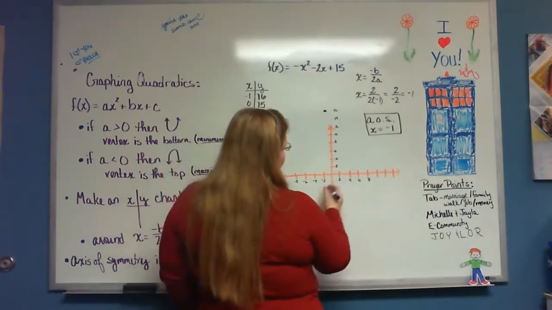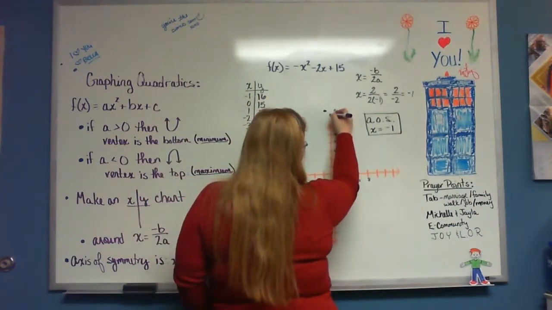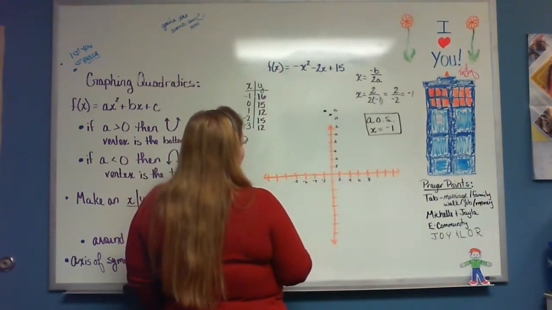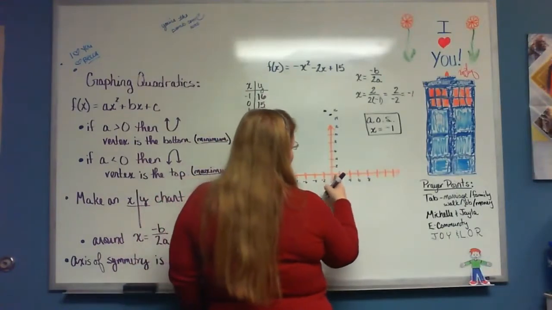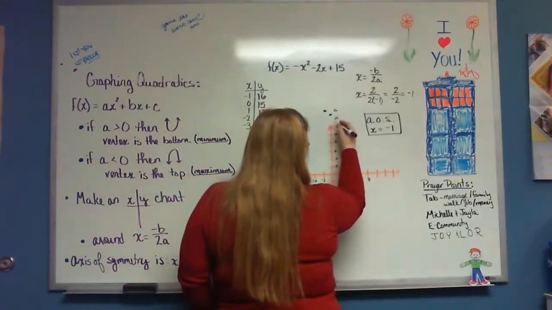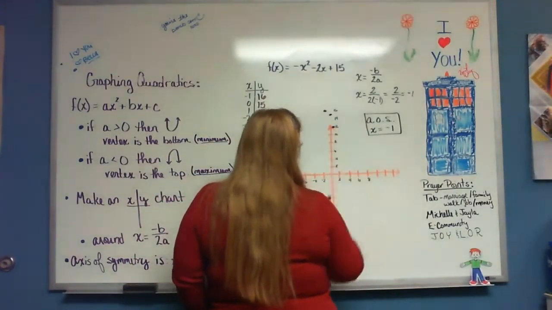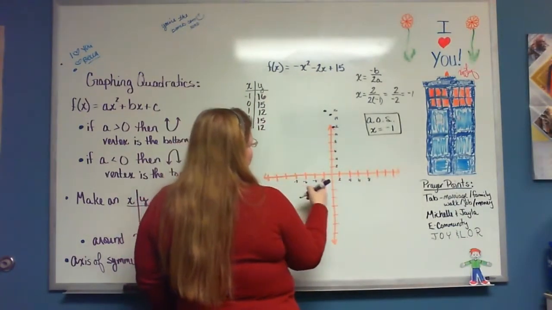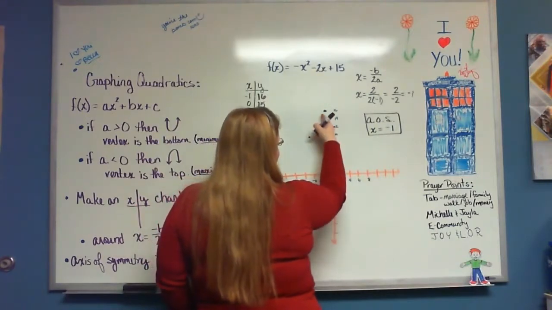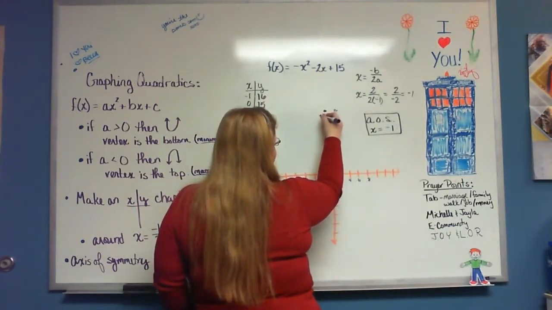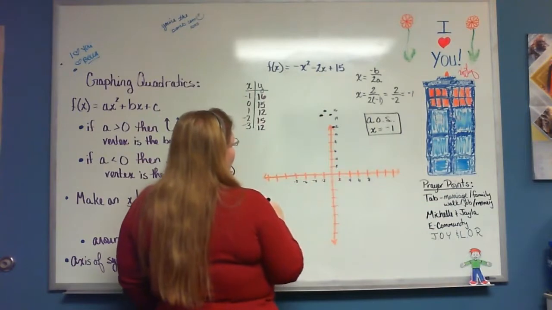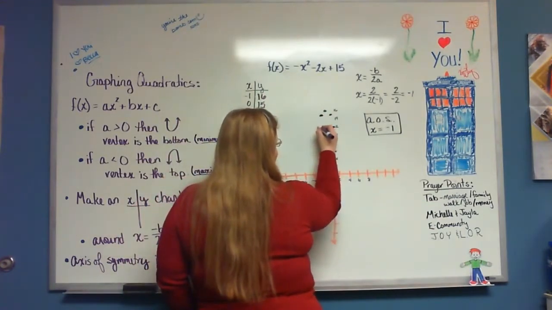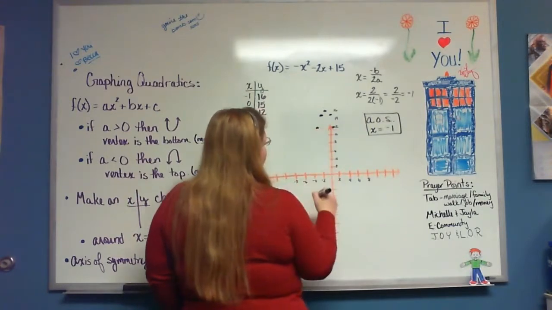And then 0, 15 is up there. And then 1, 12 is like right there. And then -2, 15, that's like right there. And -3, 12, that's like right there.